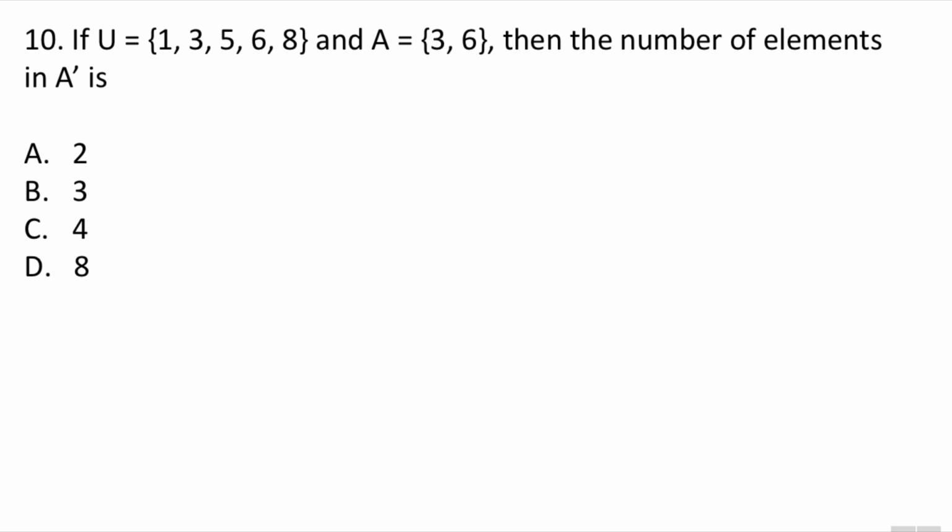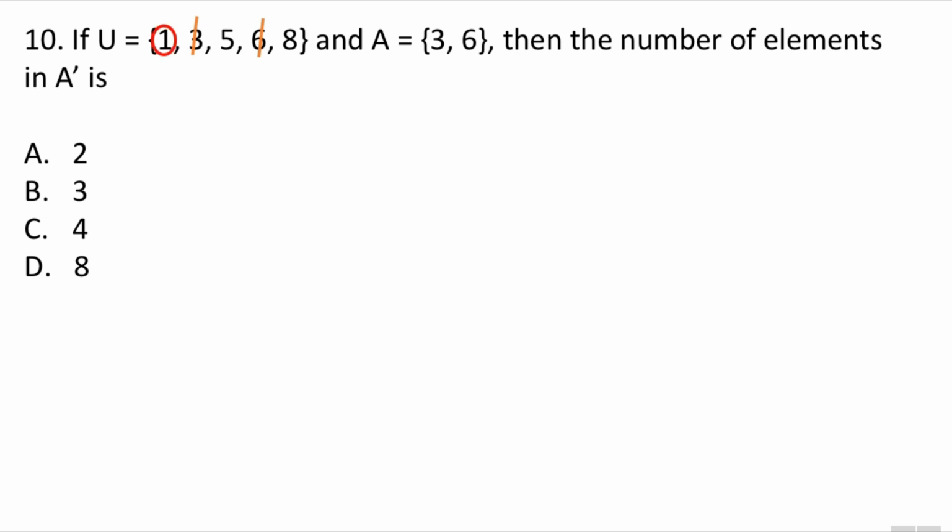Okay, so let's have a look at this now, guys. So we know that the elements that are a part of A would have been 3 as well as 6. We're not interested in those. What we're interested in is everything that's not A, because that represents A complement, okay?